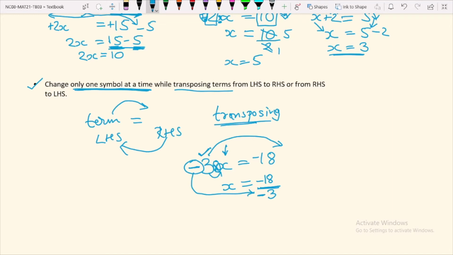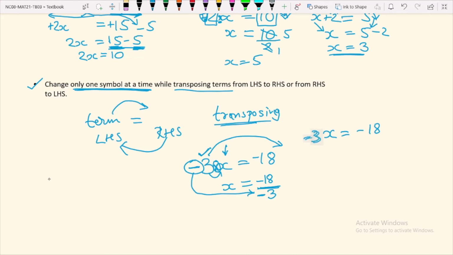So the equation has become x is equal to minus 18 was given, minus 3 was given. What I have to do is, I have to just move this minus 3 to RHS. While moving it, I will not change this symbol of minus, because minus is not important. 3 is not getting minus with x, it is getting multiplied with x.